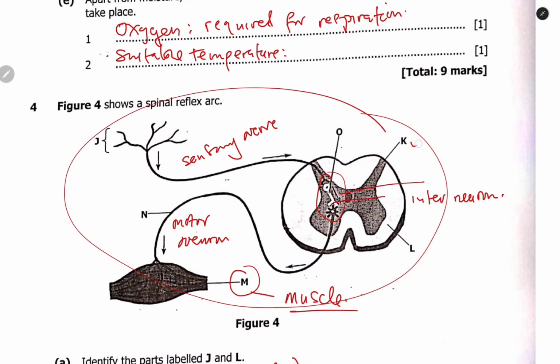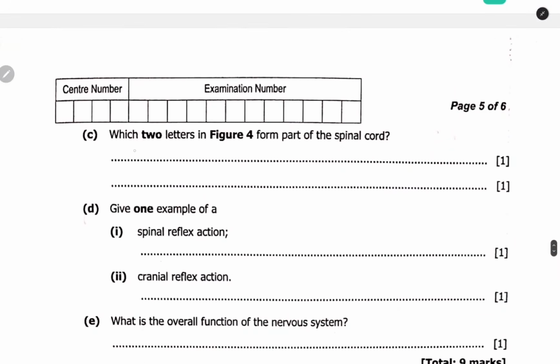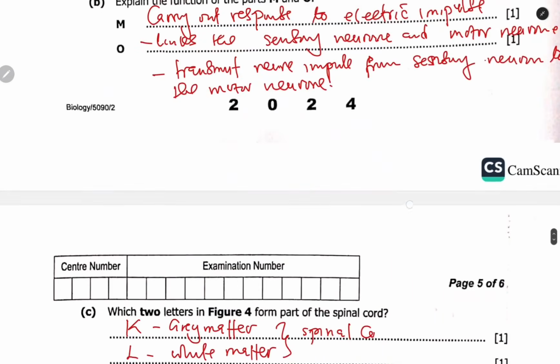It happens that it is K and L. So K and L form the spinal cord, and K is called the gray matter. Then of course, is it L? We said already it is the white matter. So the white matter and the gray matter make up the spinal cord. Okay.